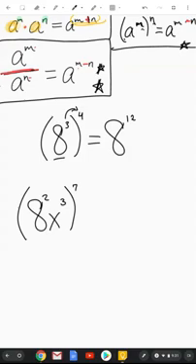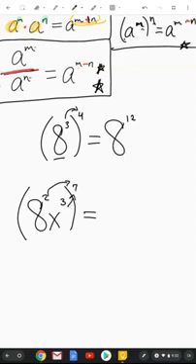If you see something that looks like this for power of powers, what we say is raise this to the 7th power and raise this to the 7th power. Again, kind of like the distributive property, but you're kind of moving from the inside out instead of the outside in when we're doing distributive. If that made no sense to you, just leave it and watch what I do here.